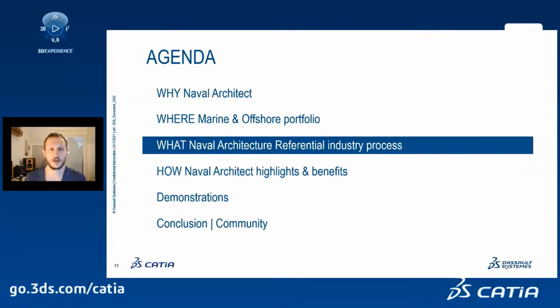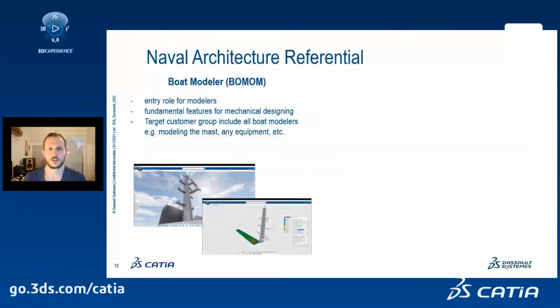Okay, thanks Laurent for handing over to me. So we are getting into what the Naval Architecture Referential is about and what it contains. First of all, it contains our entry role, Boat Modeler. This is dedicated to people who are doing the basic shaping, some fundamental features like designing a mast or any equipment.